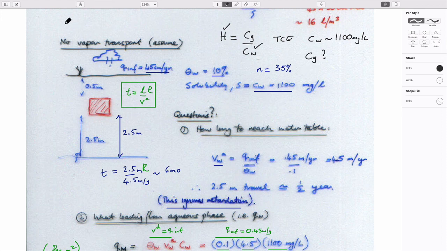And then if we want to calculate the mass rate of removal, it's just going to be equal to the volumetric flow of air multiplied by the concentration in gas.